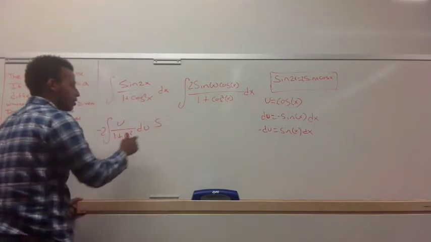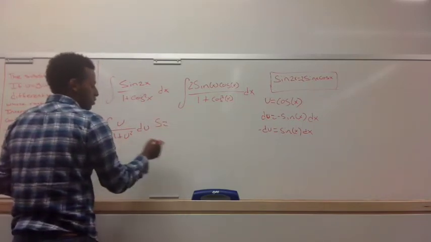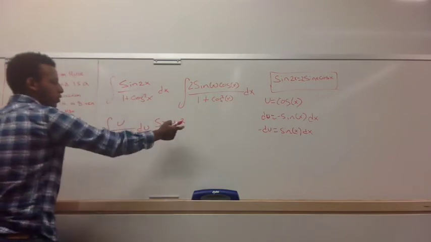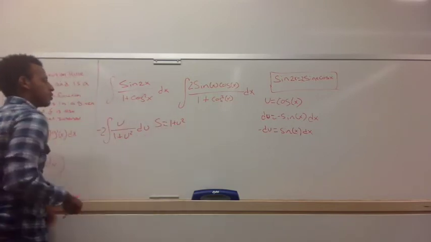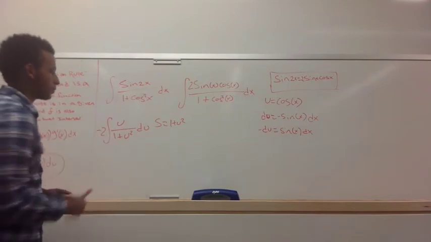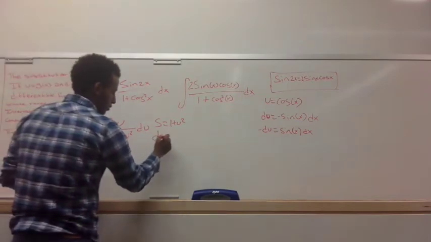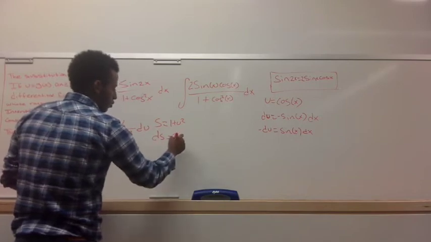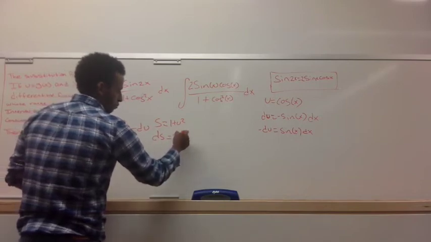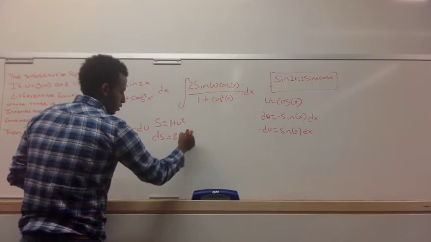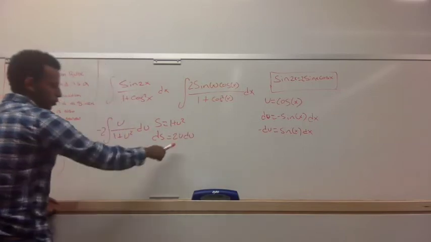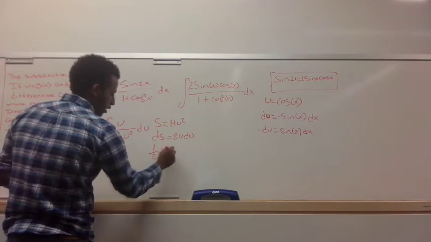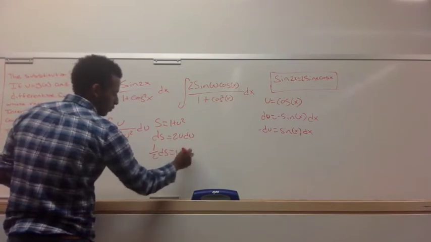I'm going to make s equal to 1 plus u squared, since the derivative of this is incorporated within the integral. So now ds is equal to 2u du. Move the 2 to the other side: 1/2 ds is equal to u du.